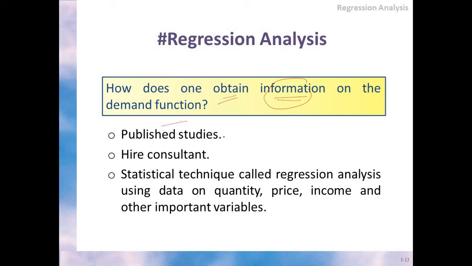Maybe you have learned this in your statistics class. Secondary data is like published studies. You can get it from websites, from government reports, and from the business's own records. Sometimes, if you don't have the expertise, the business can also hire a consultant. All this information we can run through a statistical technique that we call regression analysis.